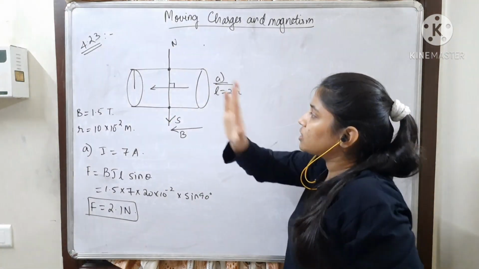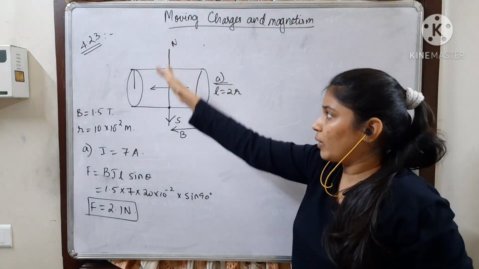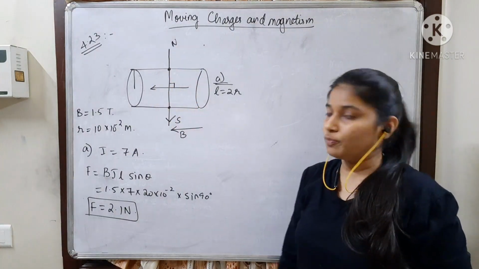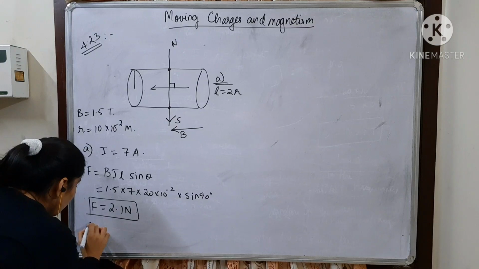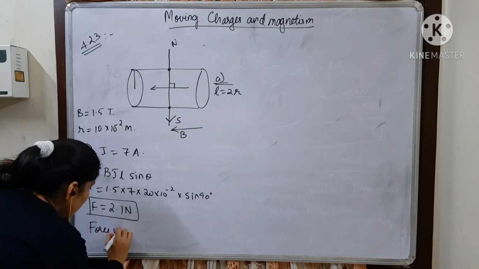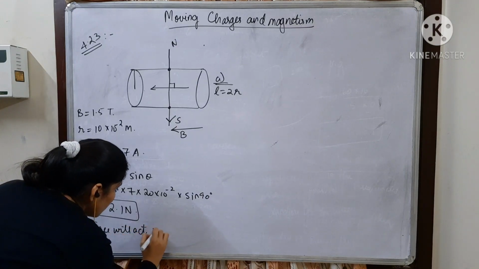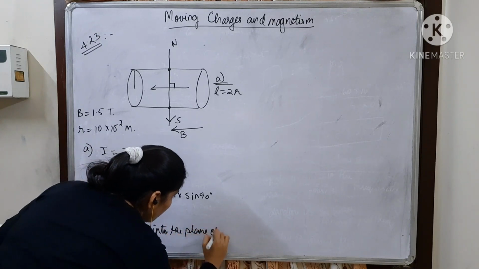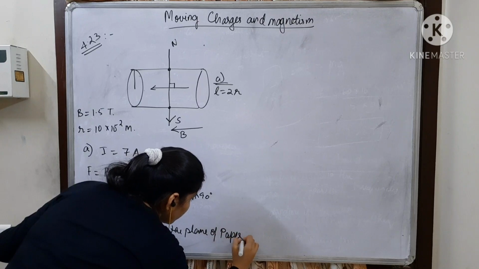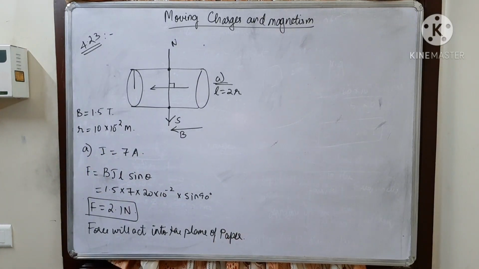So the force acting on this wire will be into the plane of paper. So I can write here the force will act into the plane of paper. Okay, so that is the first half of the question.